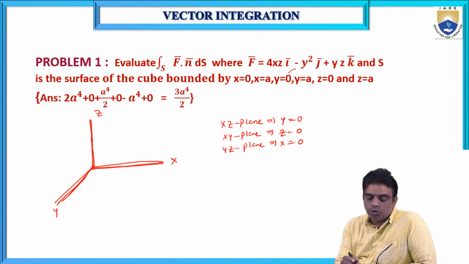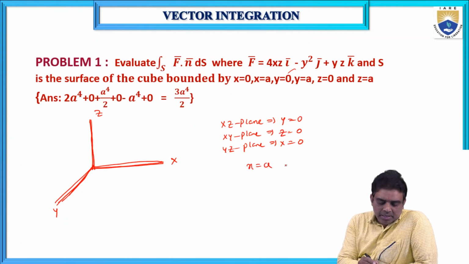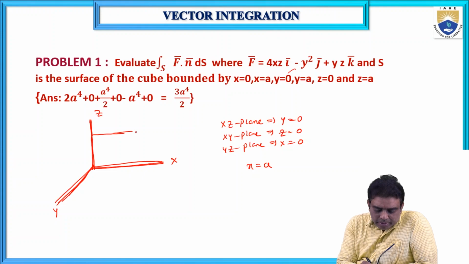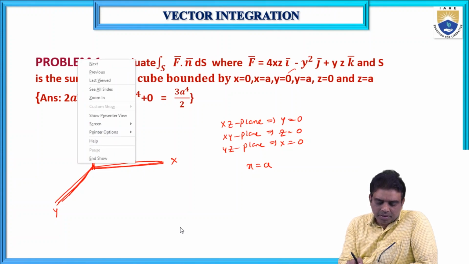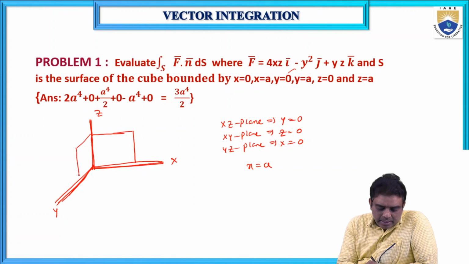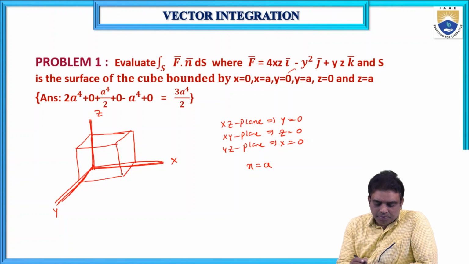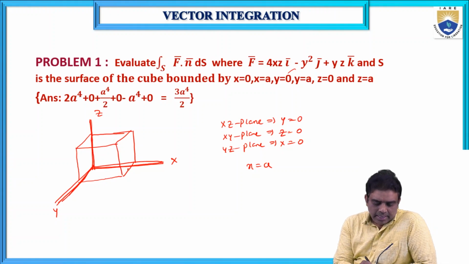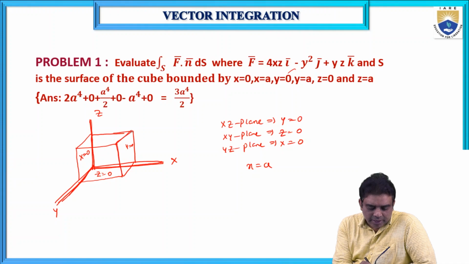So these are the three boundaries, and the other boundaries of the cube are given as x is equal to a and so on. I will show by diagram. This is a cube. The left side plane is x is equal to 0, the xy plane is z is equal to 0, and the back side xz plane is y is equal to 0. The plane parallel to the yz plane is the x is equal to a plane.